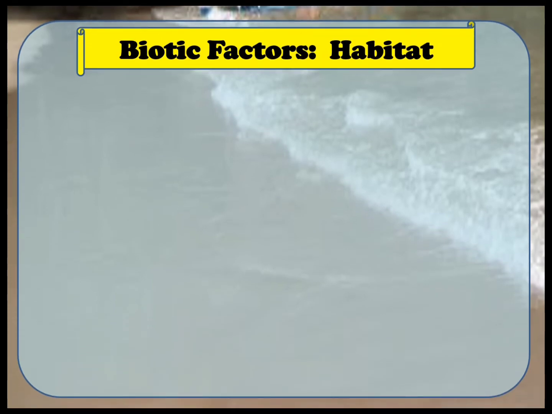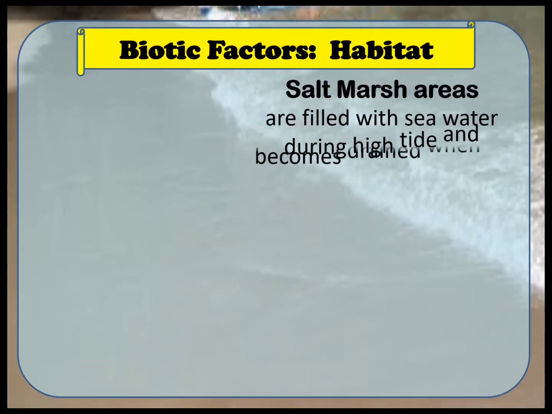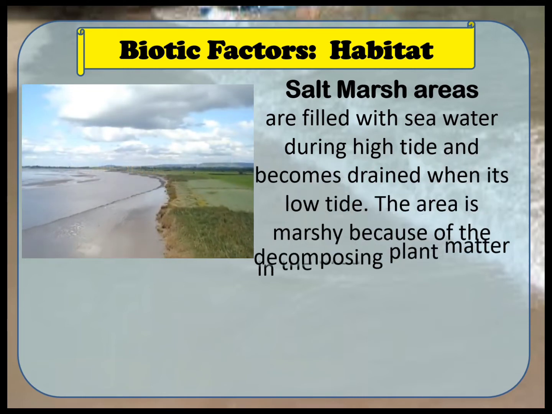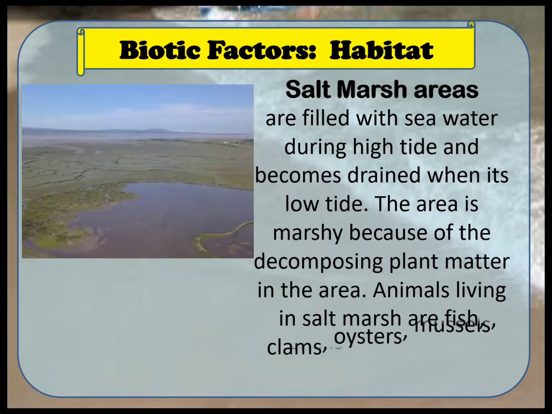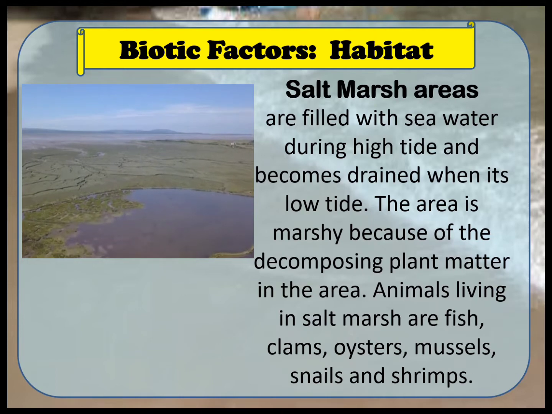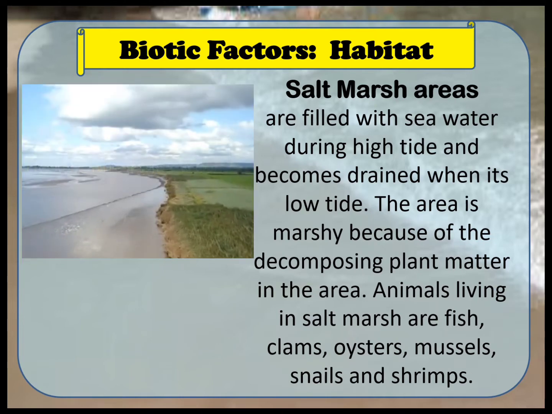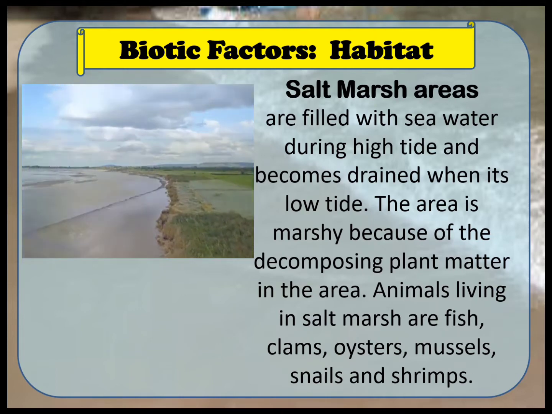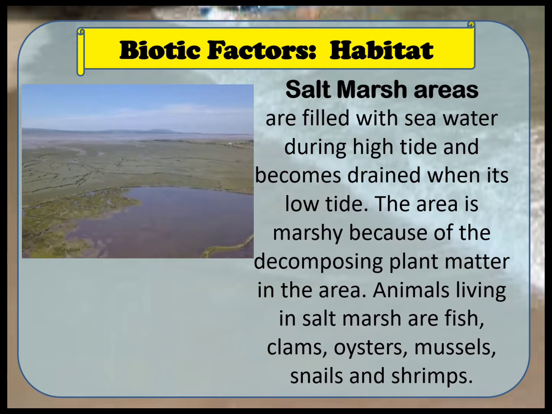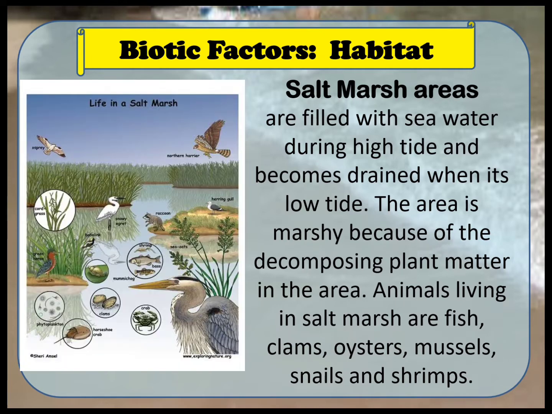Salt marsh areas. Salt marsh areas are filled with seawater during high tide and become drained when it's low tide. The area is marshy because of the decomposing plant matter in the area. Animals living in salt marshes are fish, clams, oysters, mussels, snails, and shrimps.